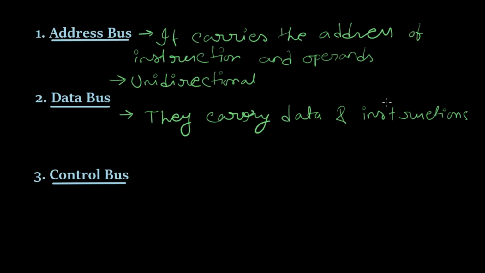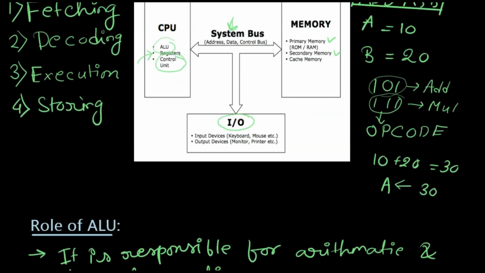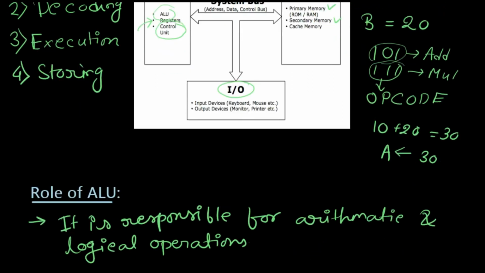Why? Let's see, after calculating the address, suppose this address is given to the memory. Do we get back an address from memory or do we get back a value from memory? We get back data or value from memory, right? So the address bus is always unidirectional. We don't need to have a bidirectional bus.